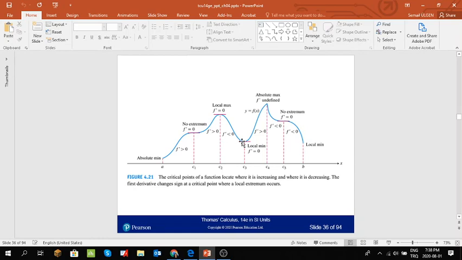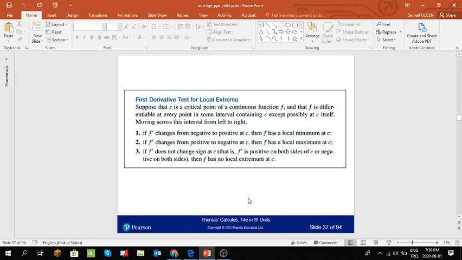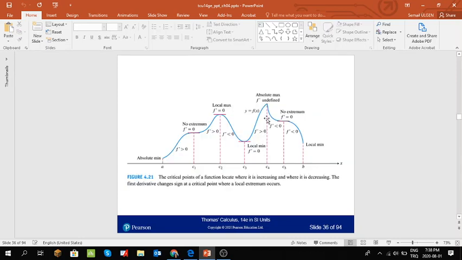And if to the right and to the left there's no change in the sign of f prime. Look, to the right and to the left of c1, even if it's a critical number, if the derivative doesn't change sign at c1, then no extremum. That's what the third condition says. If f prime doesn't change sign at c, then f has no local extremum at c.